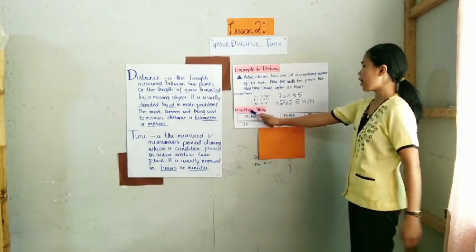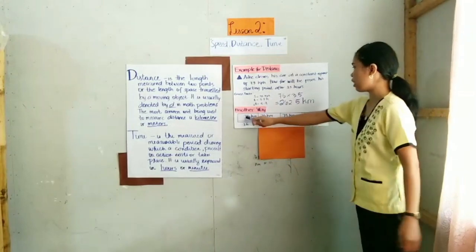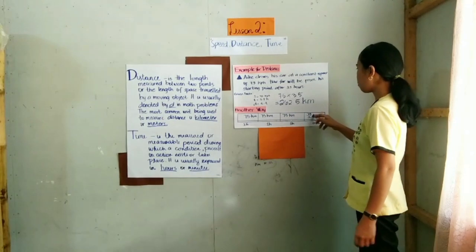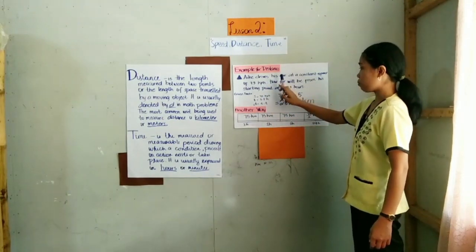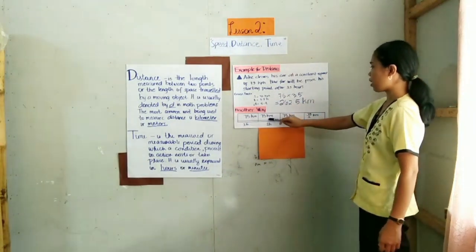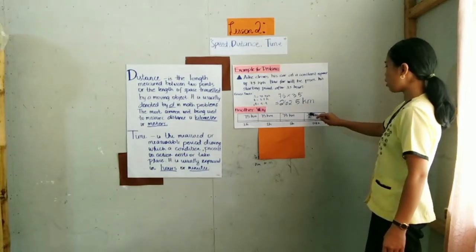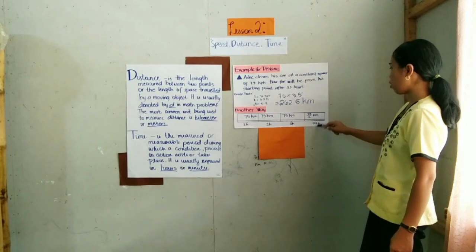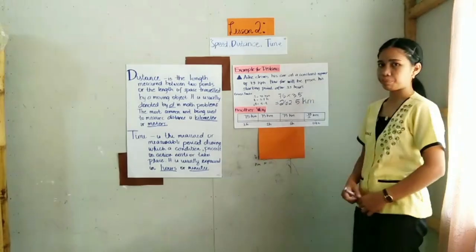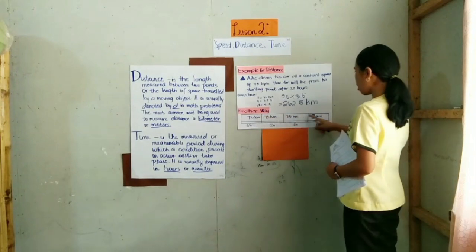Another way of getting the answer to this example is this. We will table every kilometer traveled in this problem. We have 75 kilometers in 1 hour, 75 kilometers again in 1 hour, 75 kilometers in 1 hour, and 75 divided by 2 kilometers in 0.5 hour. Now what we are going to do is add all the kilometers.